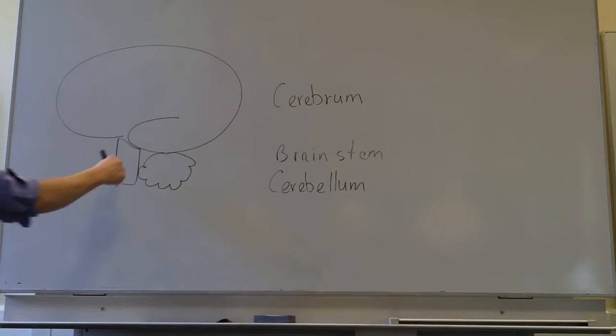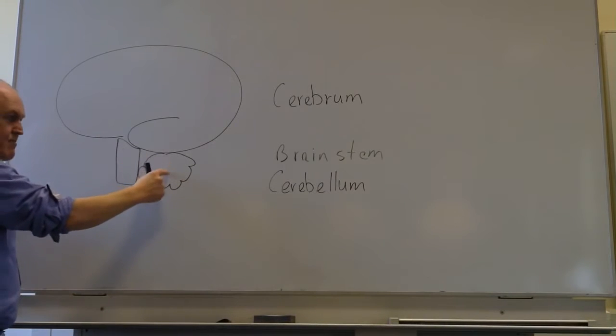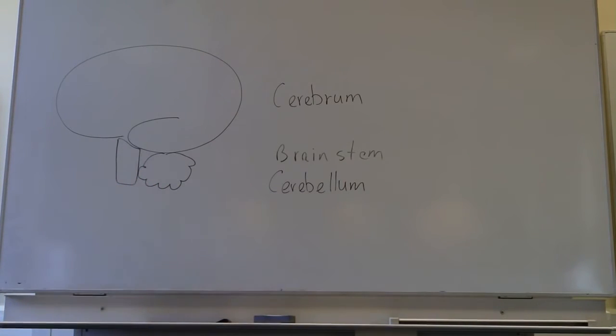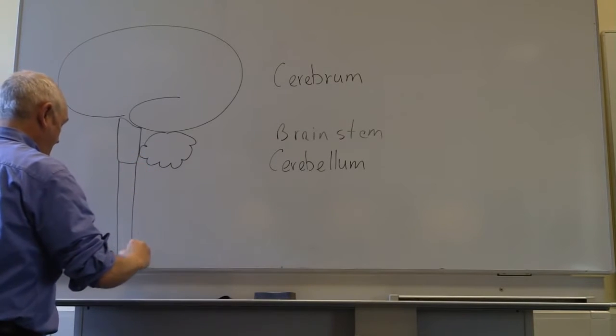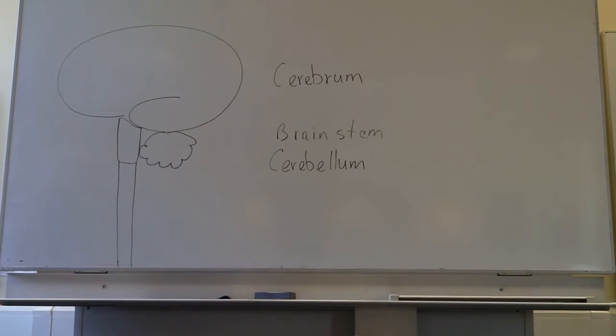Then the brainstem there, and the cerebellum behind. And as you know, the central nervous system is all the tissues in the brain and the spinal cord. So the spinal cord is continuous with the brainstem.